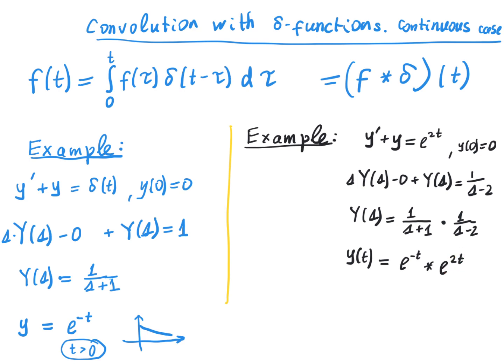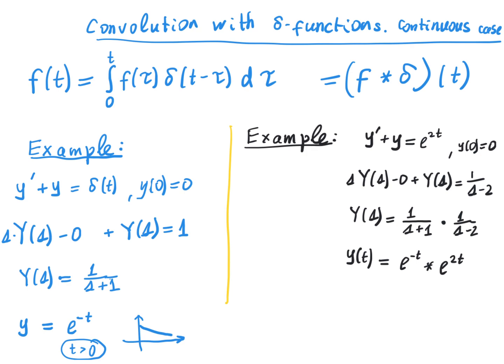That's the right side of our equation that we started from. So we see that the solution to our equation is a convolution of two things. The first term is the response to the delta function, and the second term is what our right side was at the beginning.